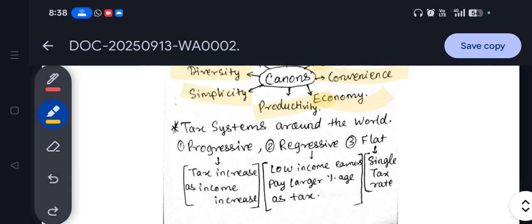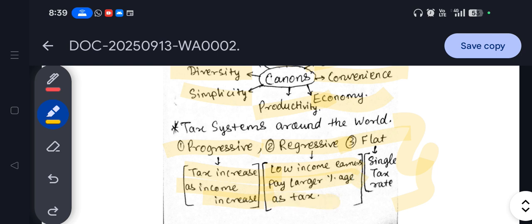Tax systems around the world are based on 3 common principles: progressive tax system, regressive tax system, and flat tax system. When we say progressive, it means tax increases as income increases. When we say regressive, low-income earners pay a larger percentage as tax.